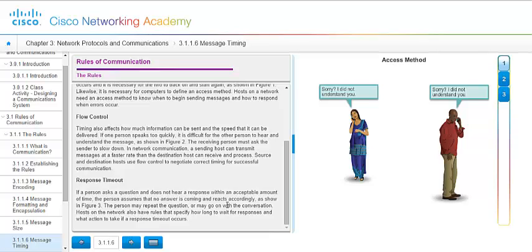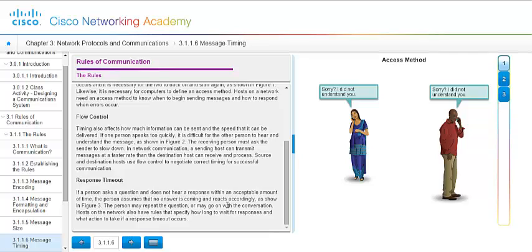If one person speaks too quickly, it's difficult for the other person to hear and understand. With network communication, a sending host can transmit messages at a faster rate than the destination host can receive and process. So if it's getting the information too quickly, it's liable to drop packets, and then when it starts to put them back together again, it doesn't have all the pieces that it needs.